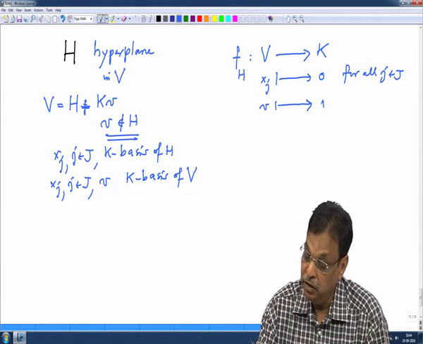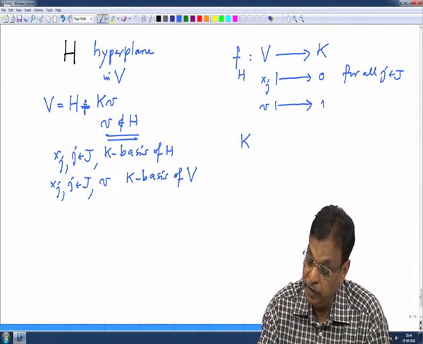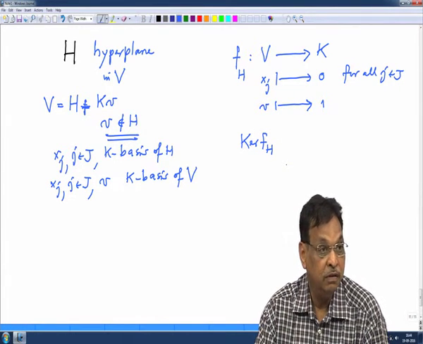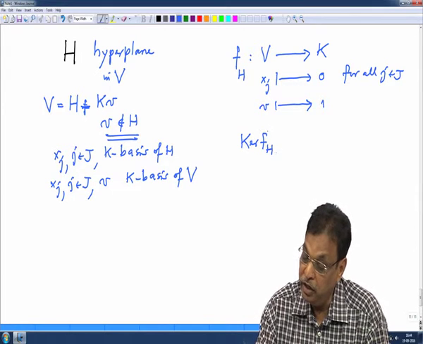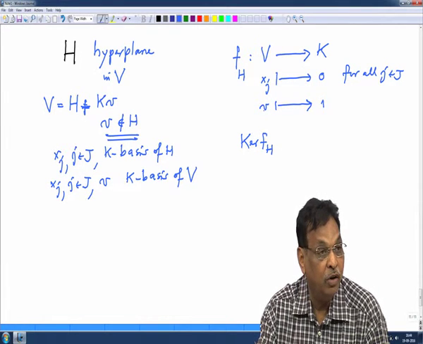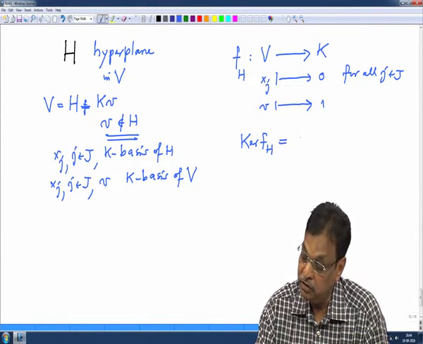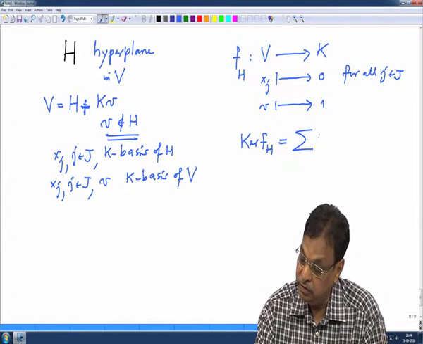So, this f_H, first of all, what is the kernel of f_H? It contains all the xj's and it cannot contain any more because v is not in the kernel. So, the kernel of f_H is precisely the subspace of V generated by the xj's.